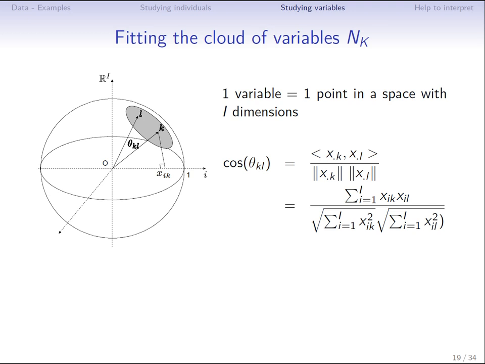The variables are represented by arrows in principal component analysis. So I represent the variable k by an arrow from the origin.